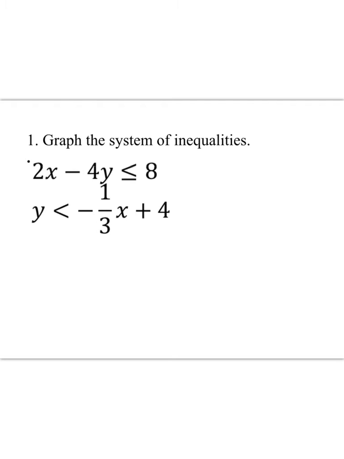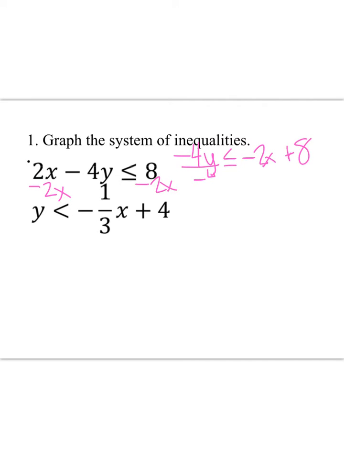The first inequality I'm going to put into slope-intercept form. So I'm going to subtract 2x from both sides. I get negative 4y less than or equal to negative 2x plus 8.